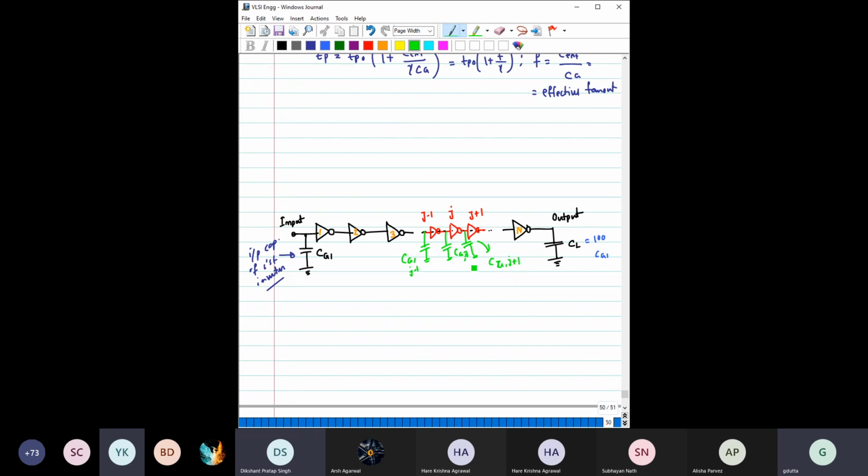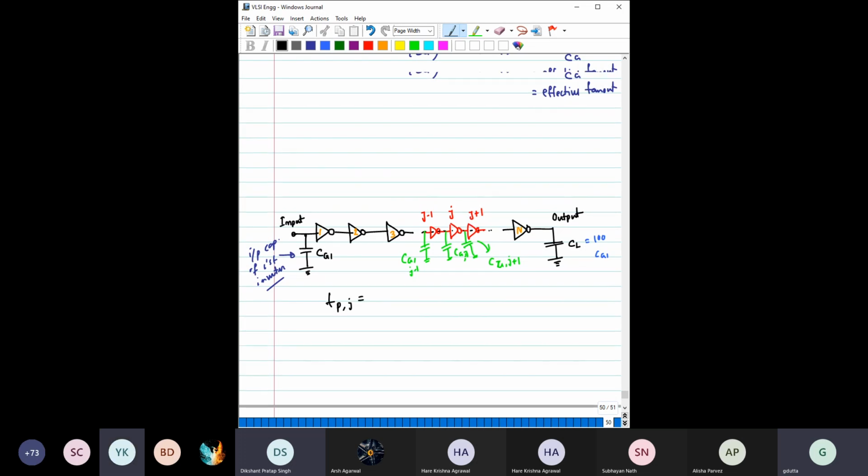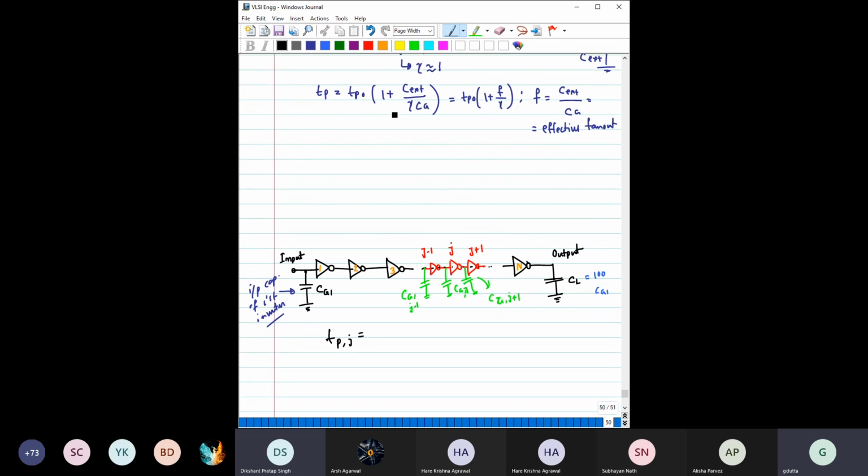Okay, so typically, if I want to write the propagation delay for any stage, say this jth stage, I can definitely use the same thing here and write the delay. So it would be equal to Tp naught into 1 plus Cj plus 1 by gamma Cgj, right?